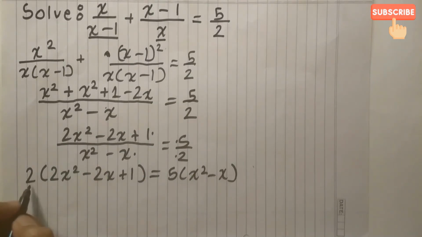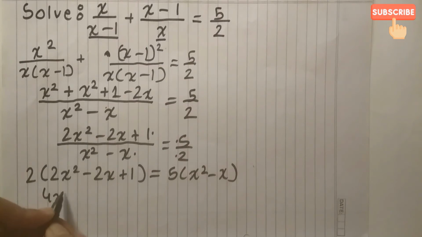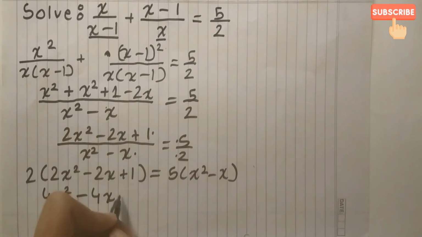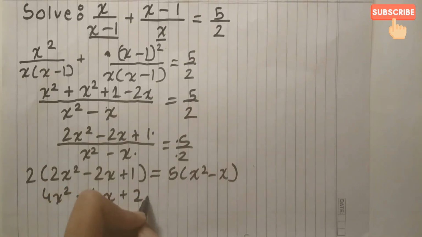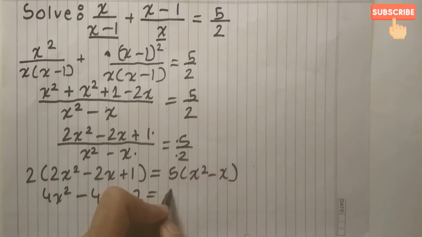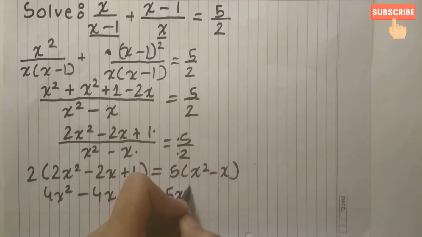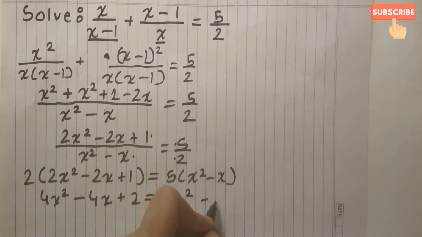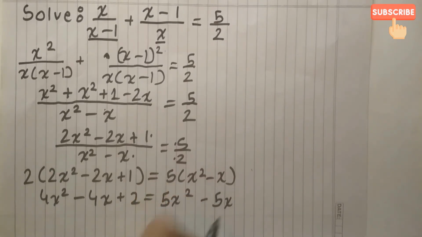So it is 2 times 2x squared is 4x squared minus 2 times 2x is 4x plus 2 times 1 is 2 equals 5 times x squared is 5x squared, and then 5 times x is 5x.